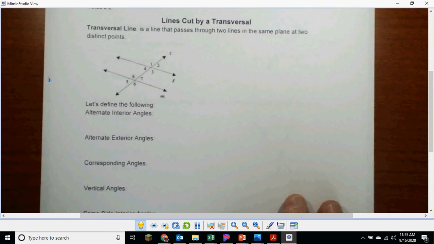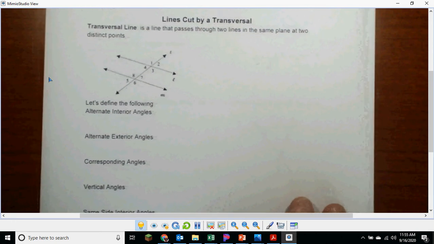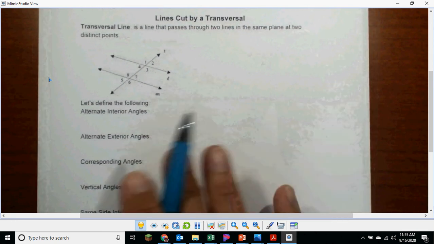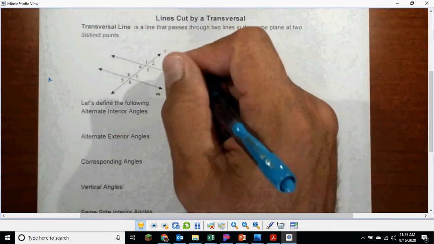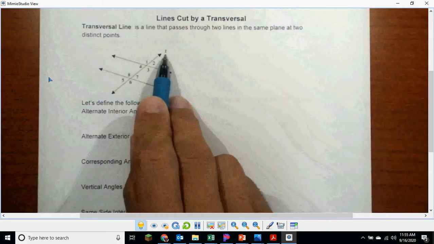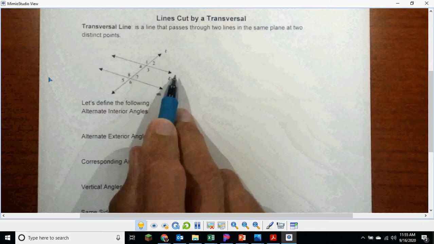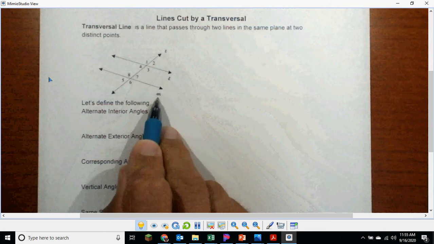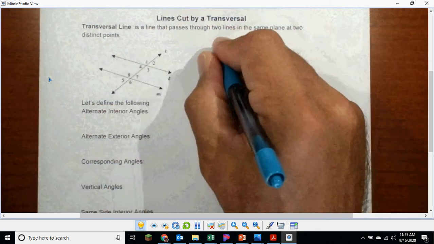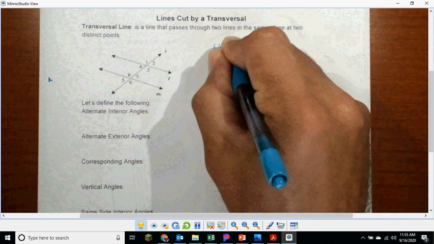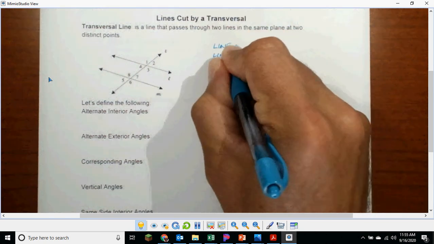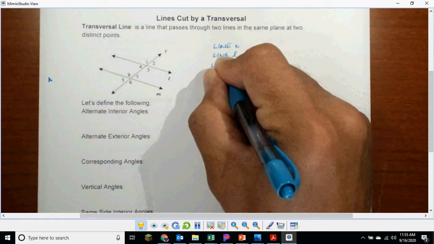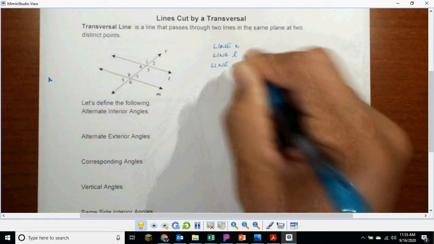Now, let's look at what's happening with our lines here to make sure we're all on the same page about what the numbers and letters mean. This is a script T, this is a script L, and this is a script M. So I have line T, line L, and line M shown in my drawing.